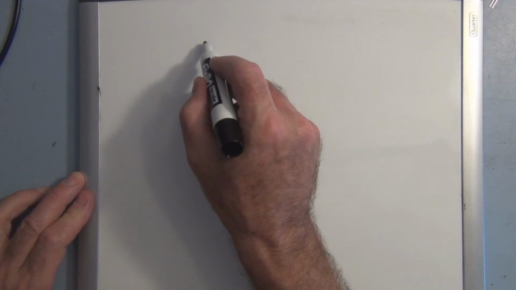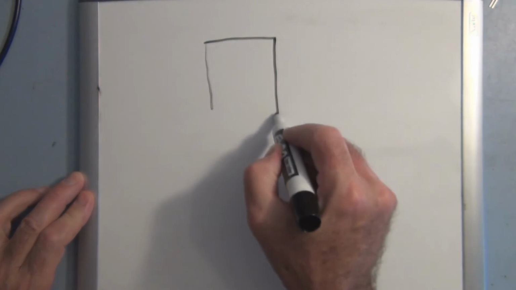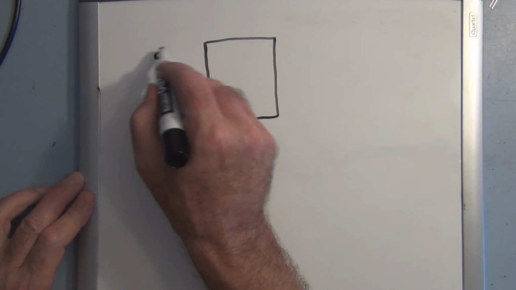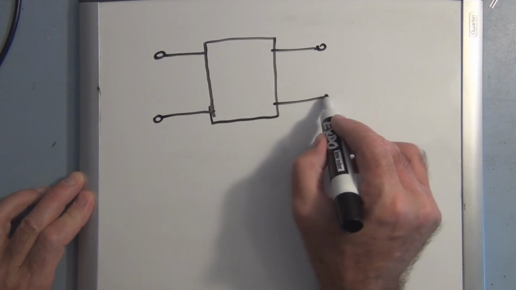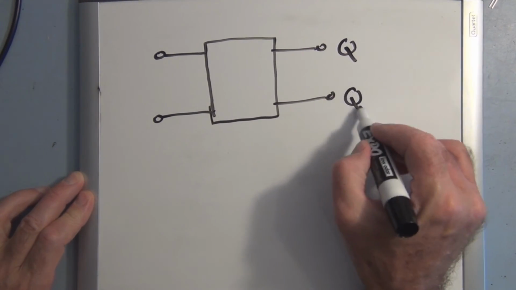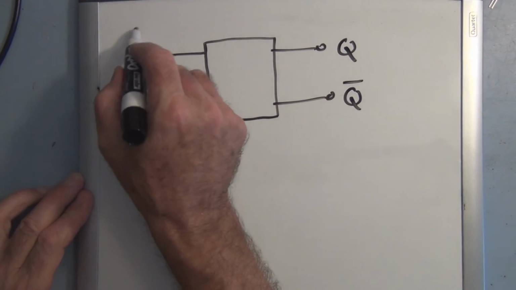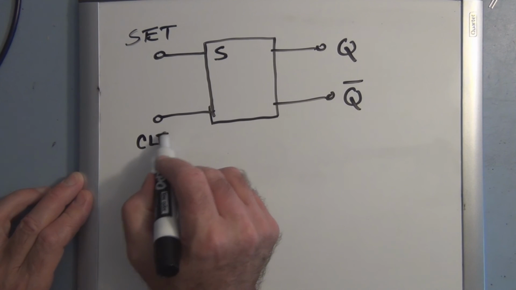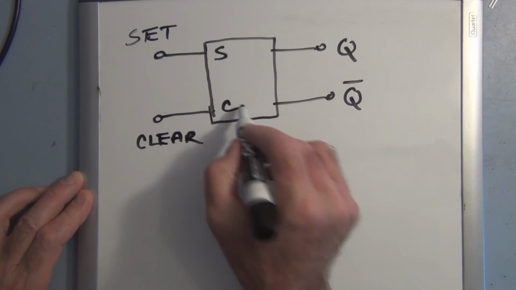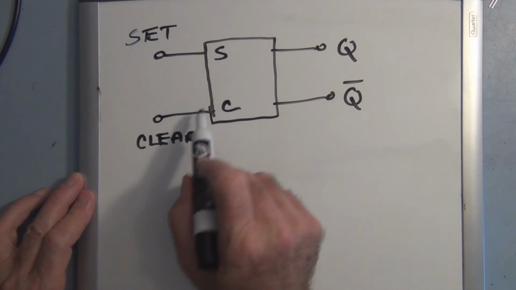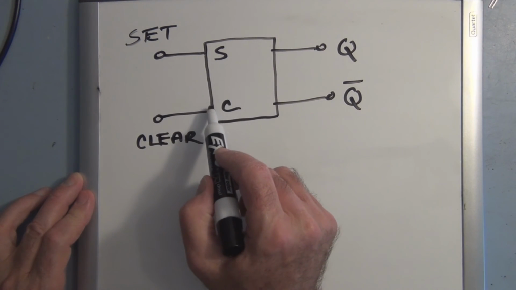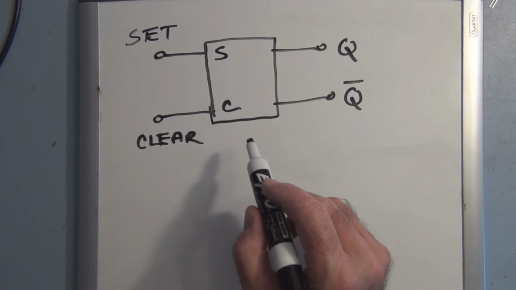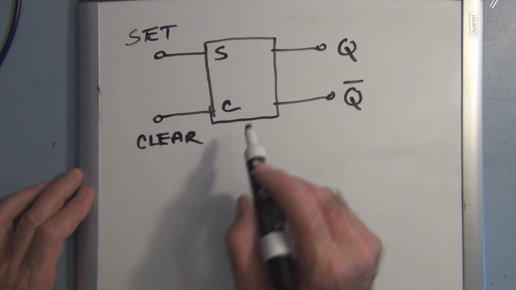The logic symbol just consists of a rectangle like this, and you have the set and the clear inputs, and the Q and the Q naught outputs. So this is the set, or S, and this is the clear, or C. And if you see here, there aren't any small circles on the inputs here. So this tells us that this is a NOR gate type of flip-flop.